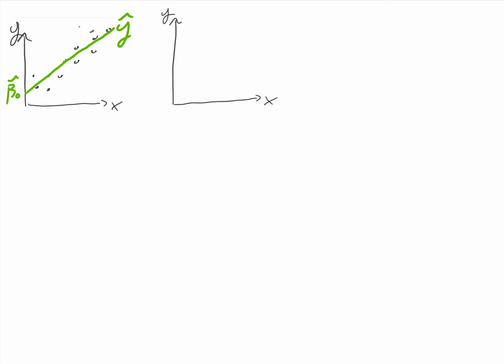But let's say that maybe that relationship between y and x isn't so linear. Okay, so maybe it's exponential like that. Maybe it's some sort of concave function.